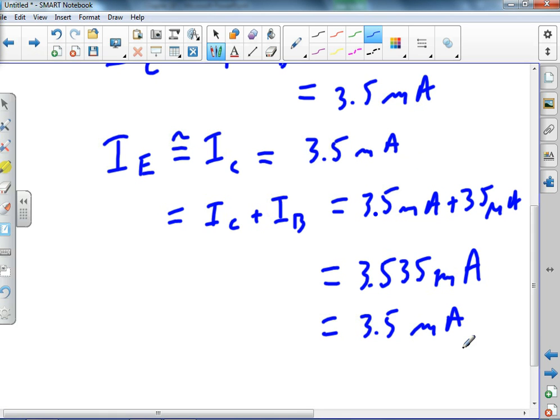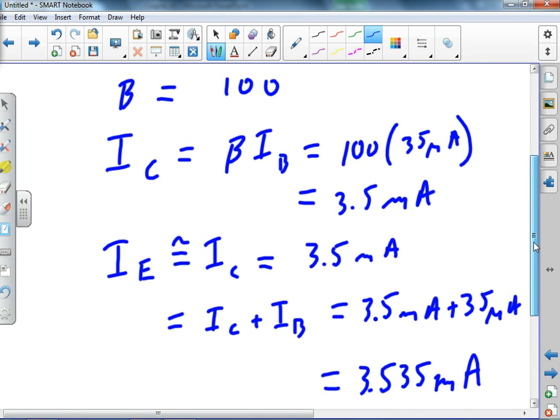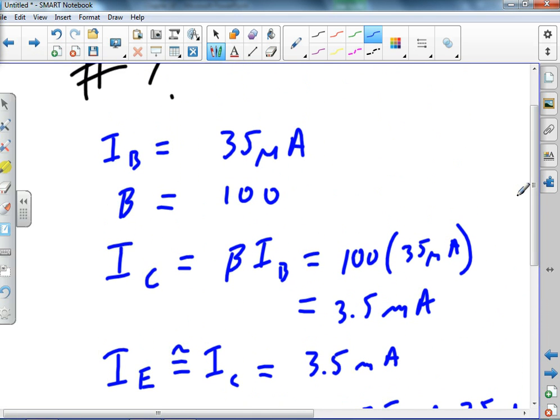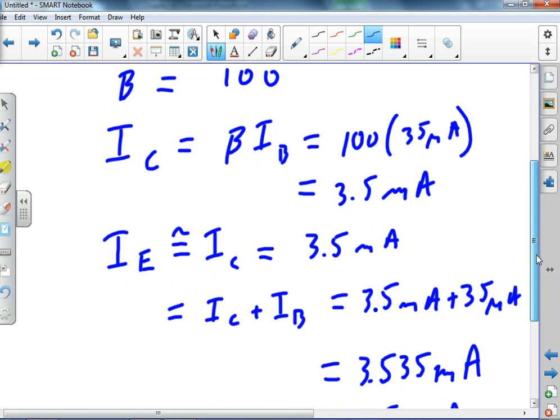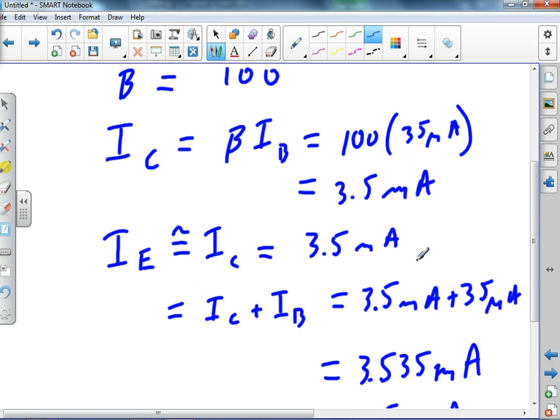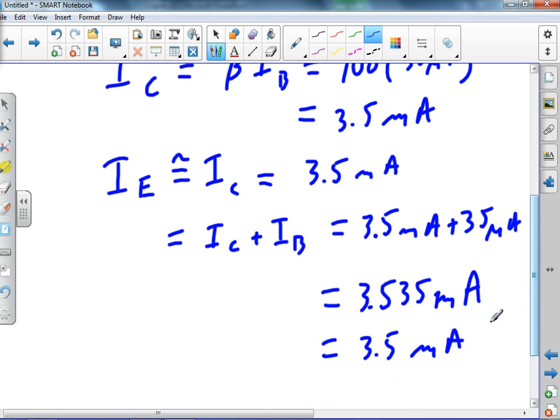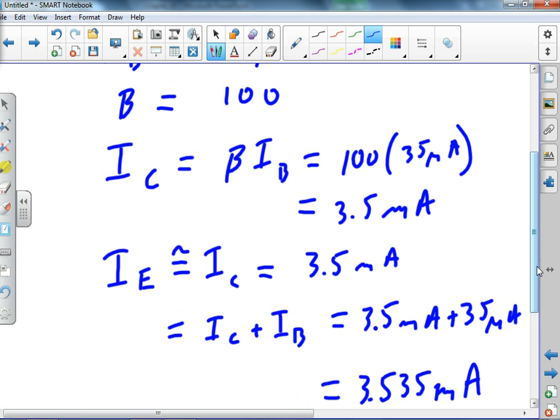Okay? So the current through the collector is beta times the current at the base. I know beta, I know the current at the base, I know the current at the collector. We would stop here because we're going to round off to there anyway. Okay, good enough? What'd I lose?